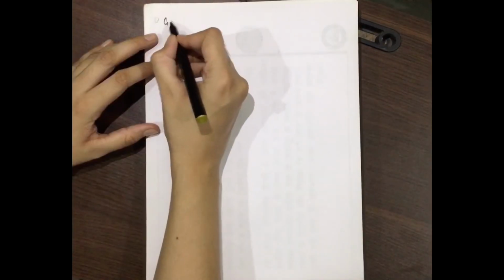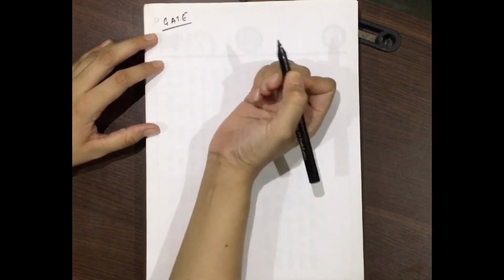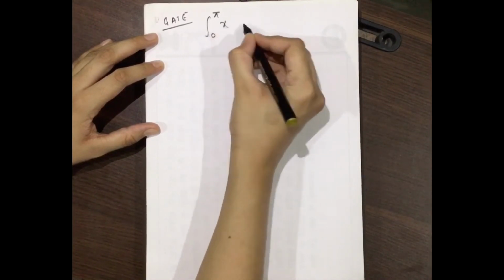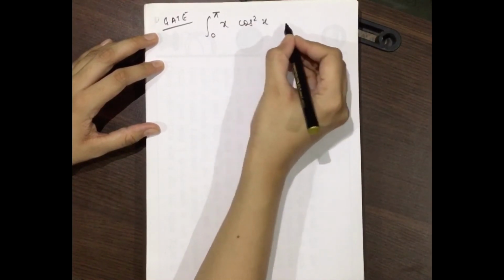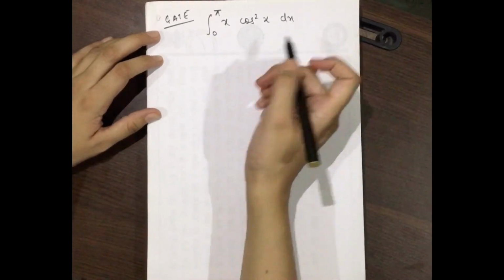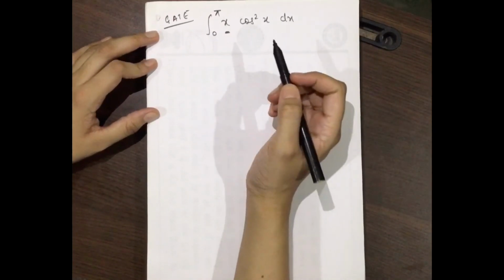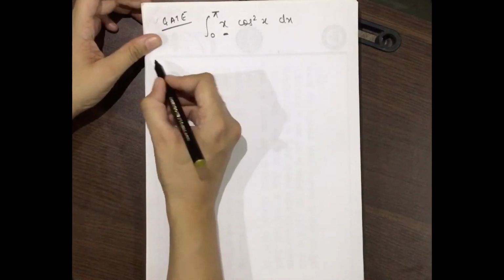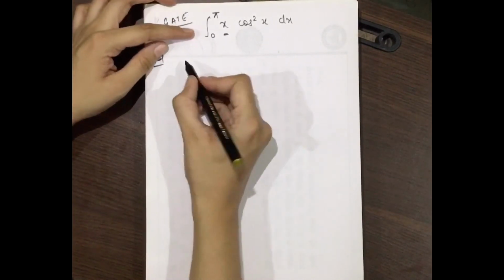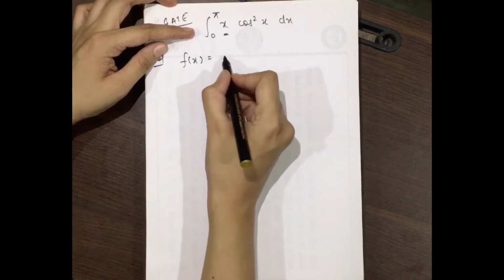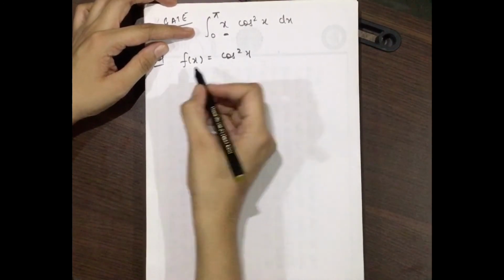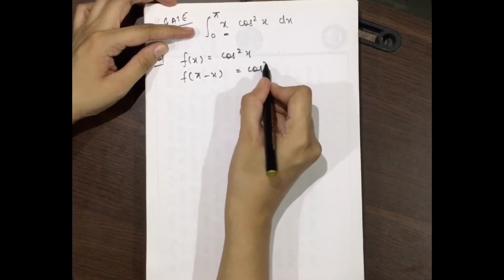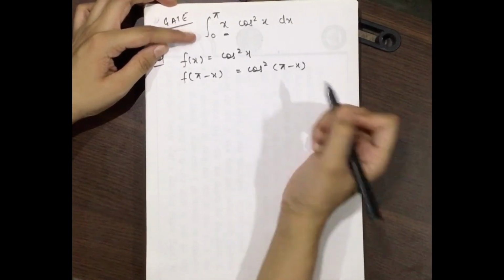Okay, now let's see one GATE problem. So the question is limit 0 to pi x cos square x dx. See, first of all, here x is there, right? So first let's check the condition. Okay, so what was the condition? Condition was f of x is equal to f of a minus x. So here f of x is cos square x, f of pi minus x will be cos square of pi minus x.